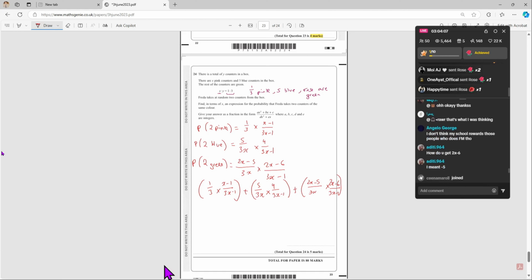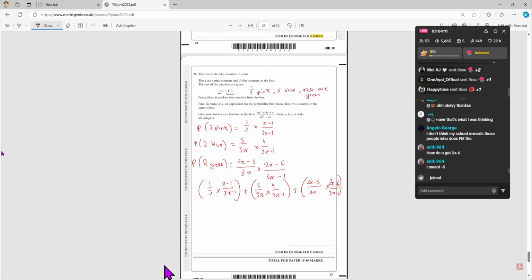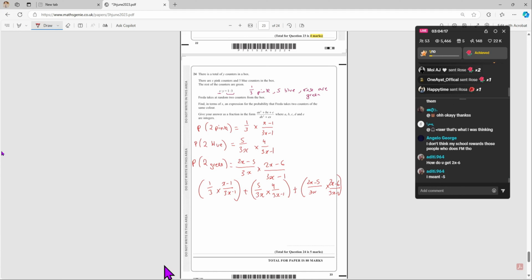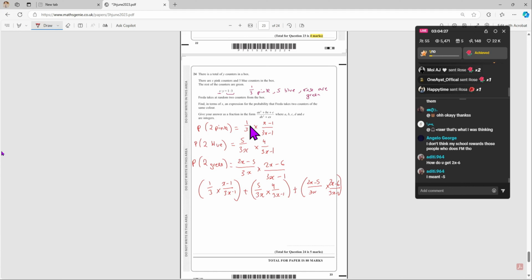How do I get 2x minus 6? How I got it is, as I wrote over here, the rest are green. If the rest are green, that means 2 parts of the ratio, so 2x minus 5 is going to be green counters.